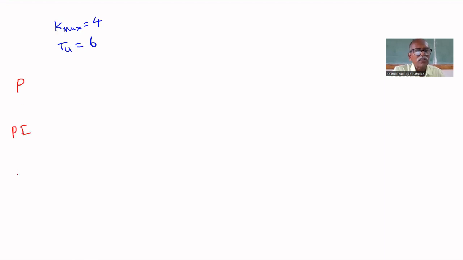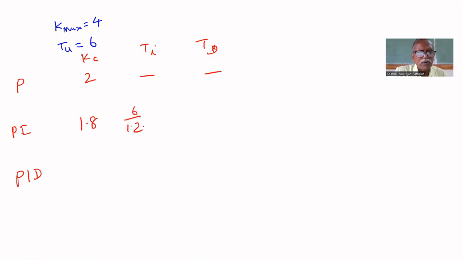For PI controller, KC is 0.45 times K max, which means 1.8, and TI is TU by 1.2. 6 divided by 1.2, how much? 5. For the PI controller, there is no TD.